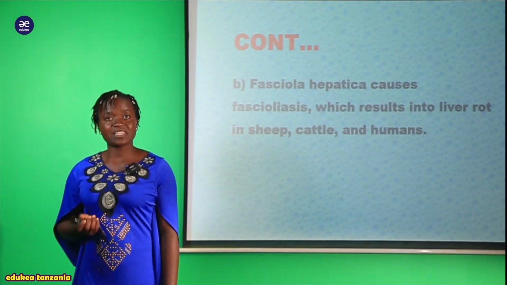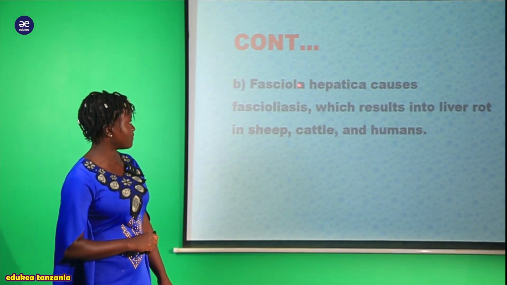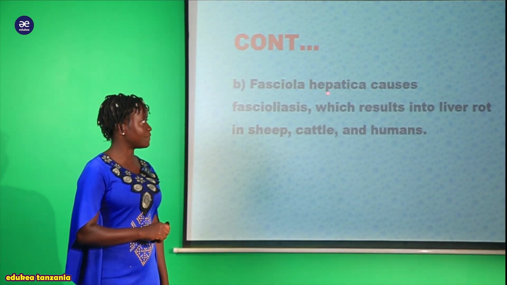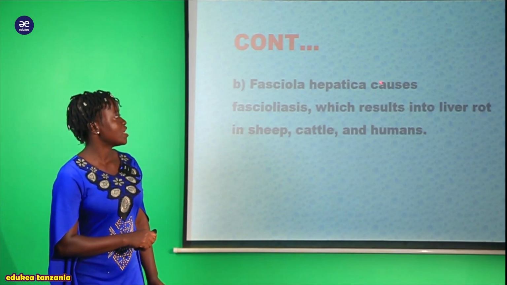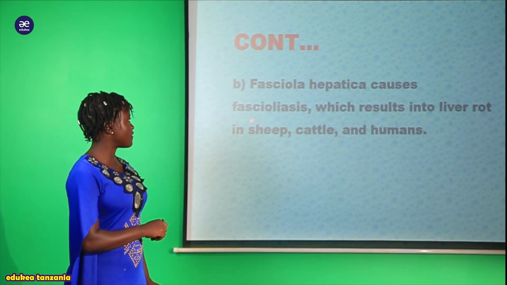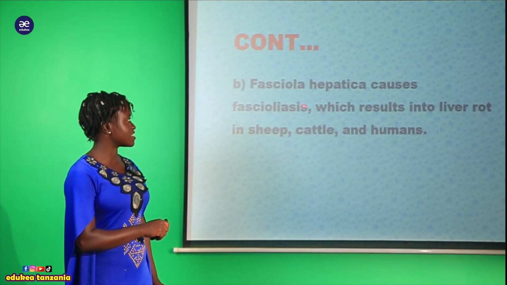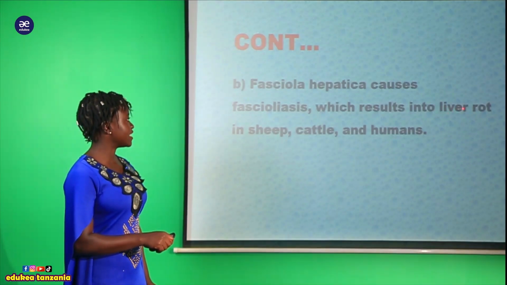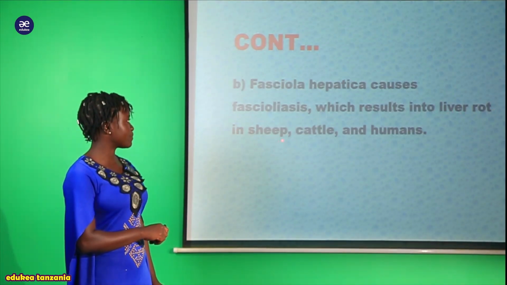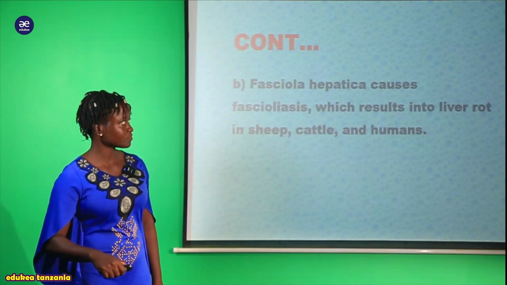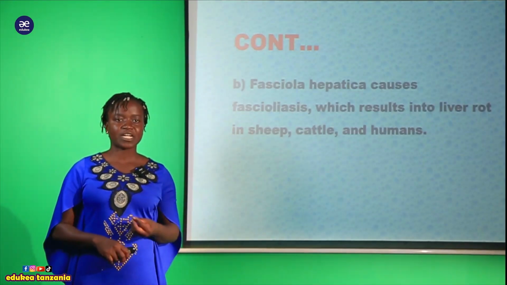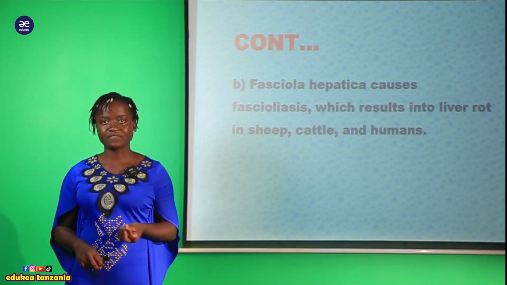And also we have another disadvantage ambayo inaletwa by this Fasciola hepatica. This Fasciola hepatica causes fascioliasis, which results in liver rot in sheep, cattle and human. Remember this Fasciola hepatica, a good example here we have the liver fluke.